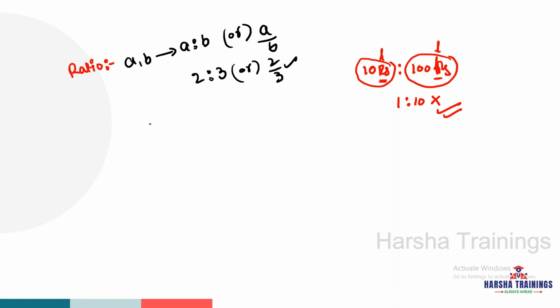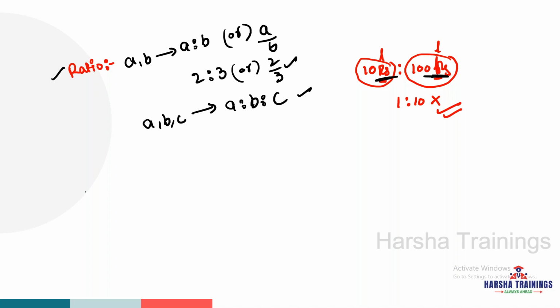For 3 quantities A, B, C, the ratio is A is to B is to C. Just remember, guys, what is the ratio? Ratio means two quantities of the same units is called the ratio. This is the first point.